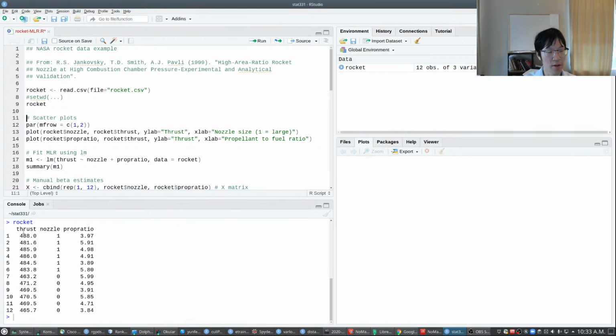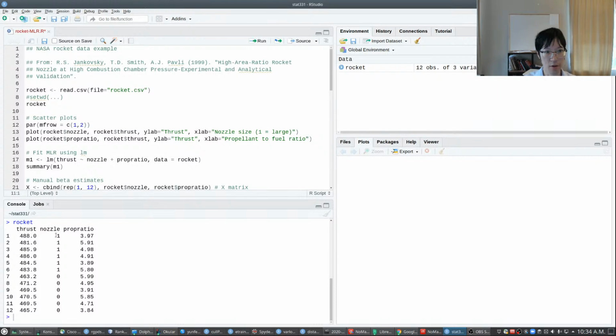So this is the data I mentioned before. So the response variable is thrust, and then the two predictors are the nozzle size and then the propellant to fuel ratio. So those are listed in these two columns. So in this case, nozzle, there's only two values, small and large.